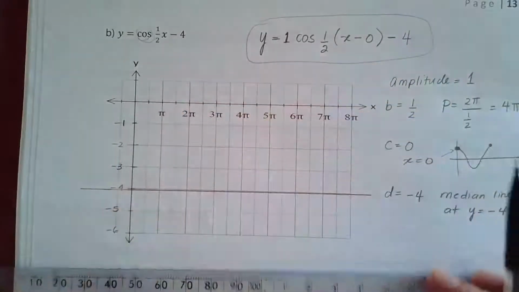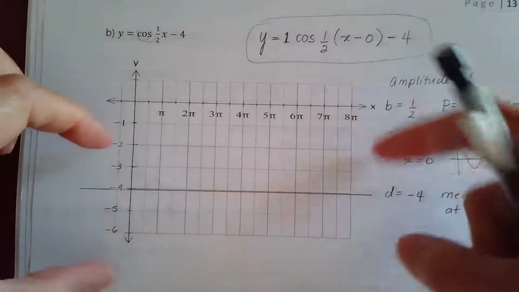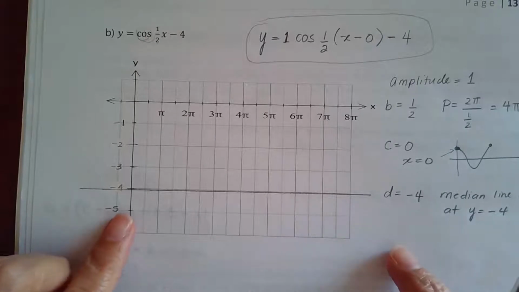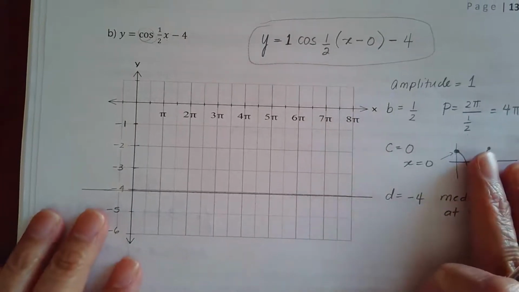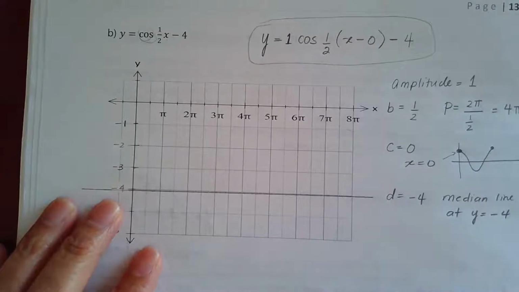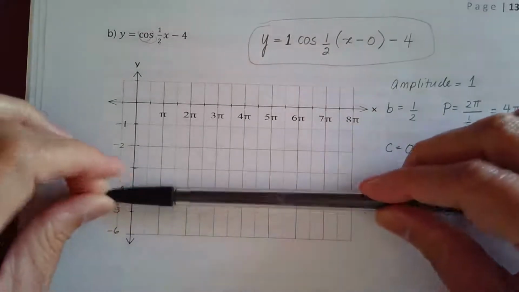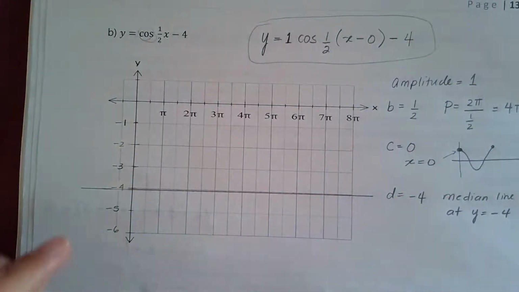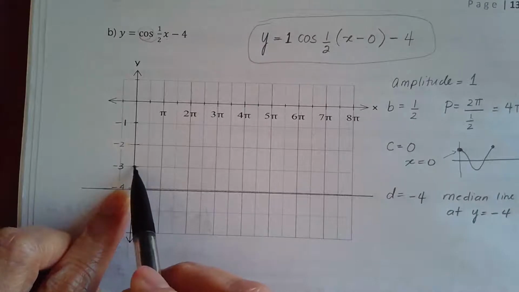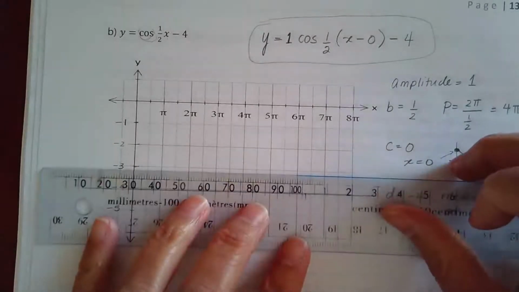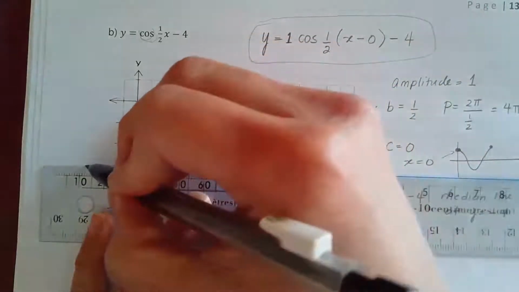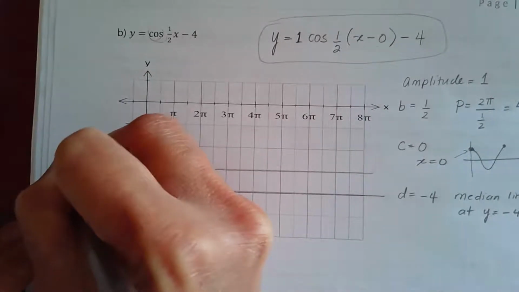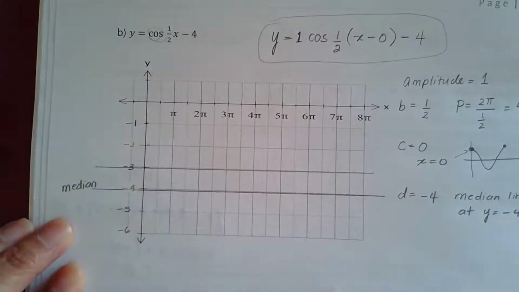Okay, this is not an asymptote, and I want to make sure that I know how far down I went. -4. Now, the next thing that I'm going to do is the amplitude. Amplitude is the distance from the median line to the maximum, or the median line to the minimum. So if the amplitude is 1 and this is -4, I'm going to go up 1 right there. That's the median or middle line.